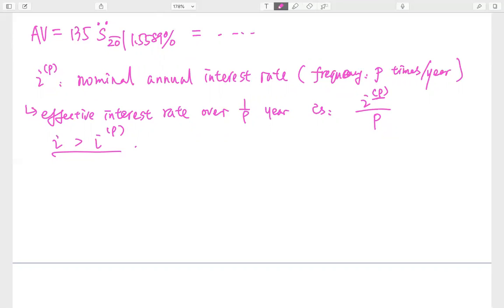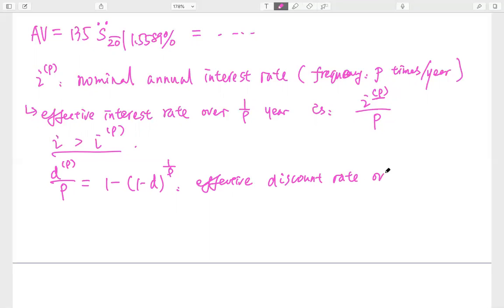For the same reason, we can also define d upper p, okay? And d upper p over p would be the effective discount rate for 1 over p of a year.